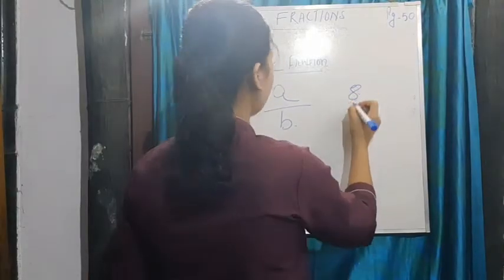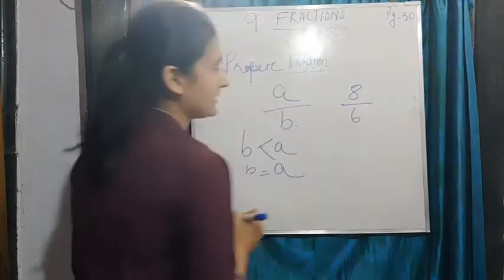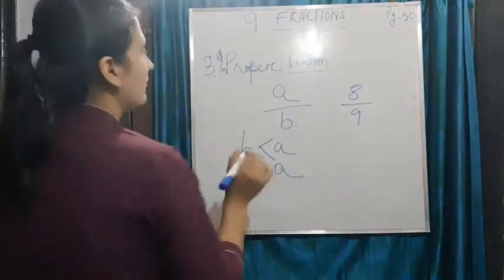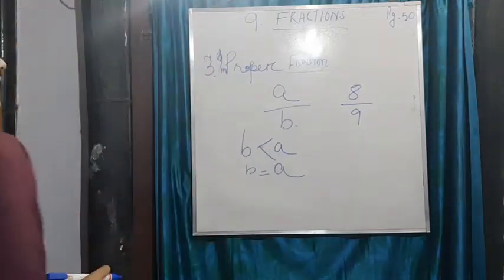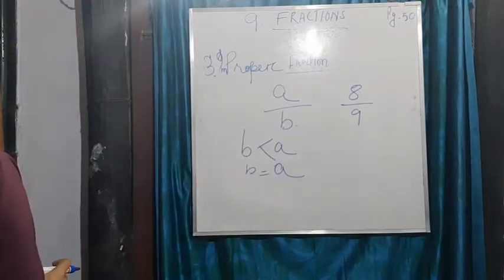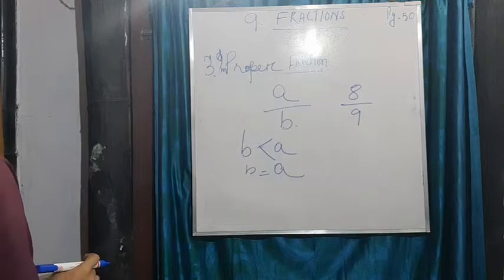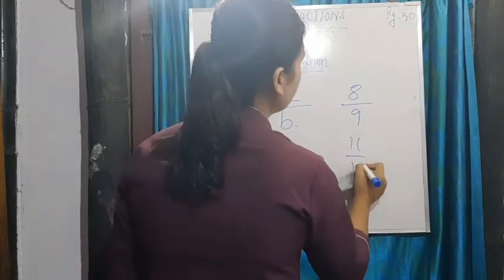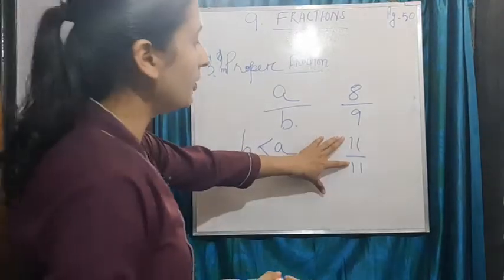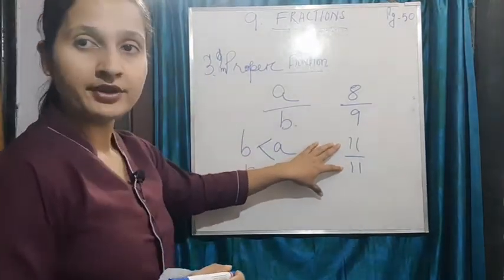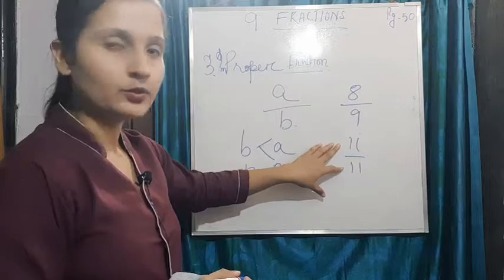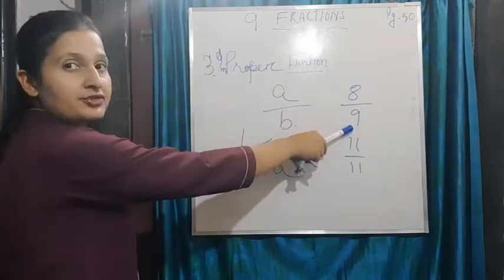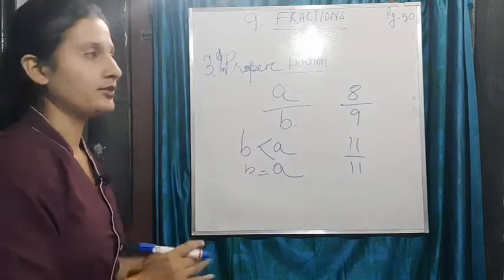Suppose 8 by 6, or 11 by 11, right? Here both a and b, numerator and denominator, are equal, or on the other hand, the numerator is greater than the denominator.